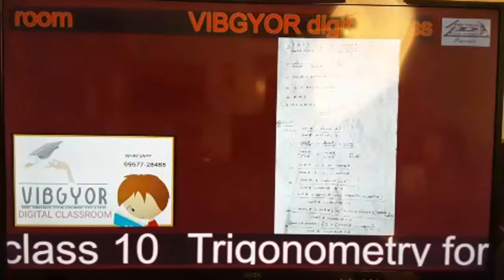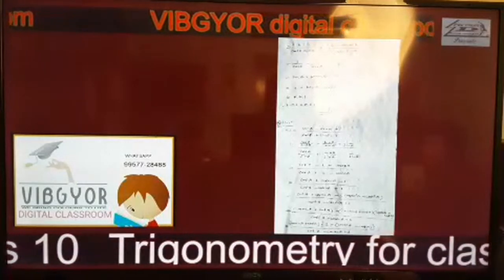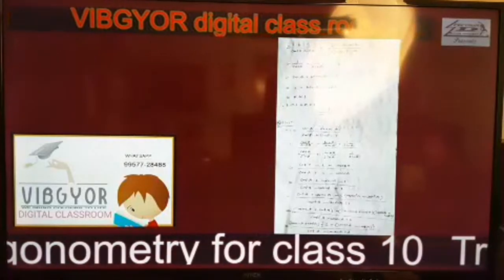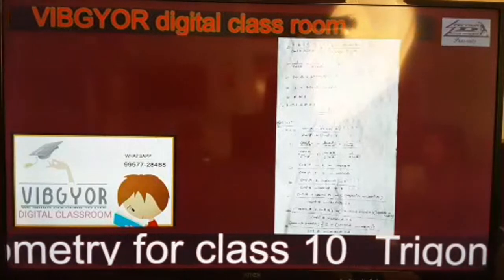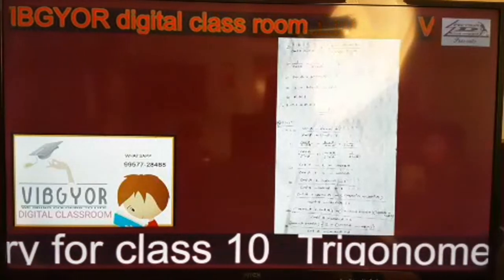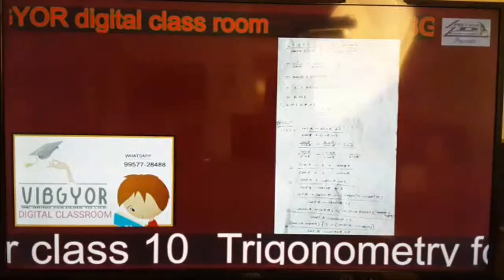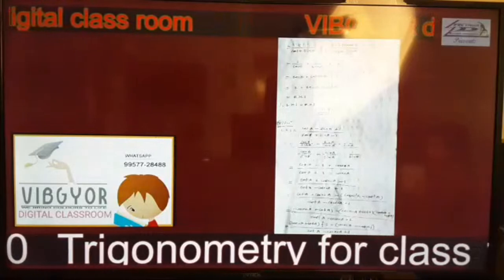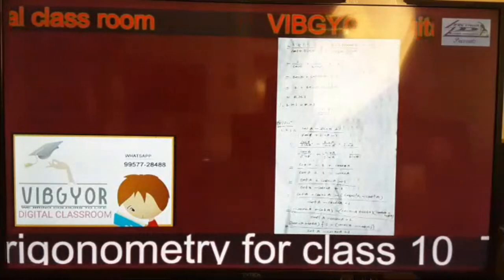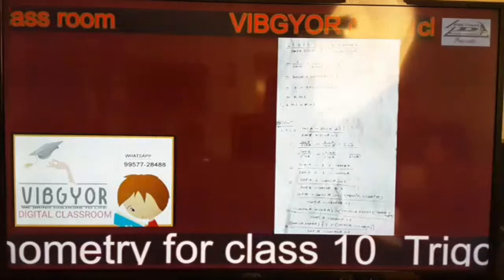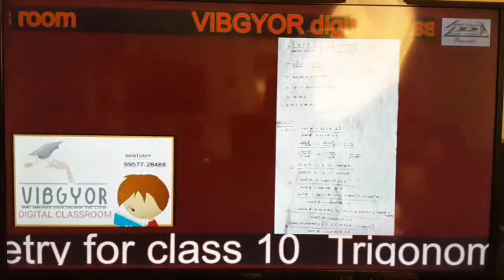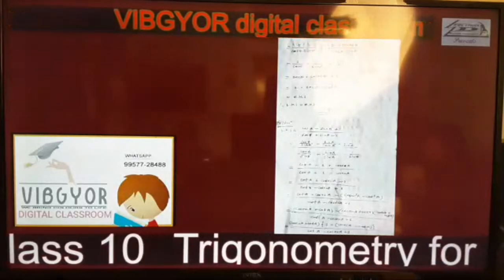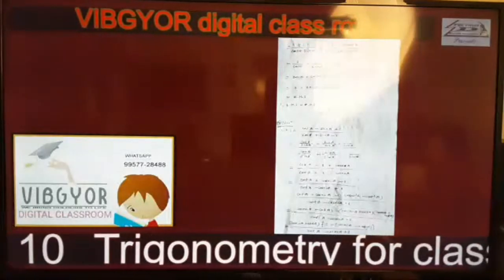So 1 by cos theta is equal to sec theta and 1 by sin theta is equal to cosec theta. So sec theta into cosec theta plus 1. And 1 we are writing first, then we are writing plus sec theta into cosec theta. And that is the right hand side of the identity. So left hand side is equal to right hand side. Hence proved.